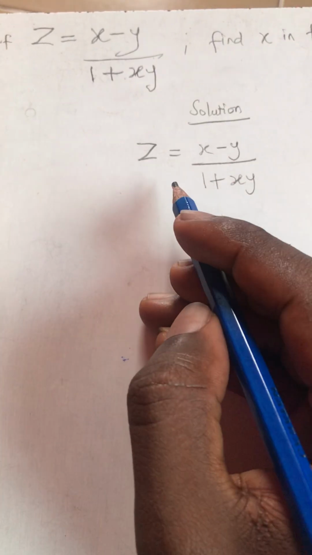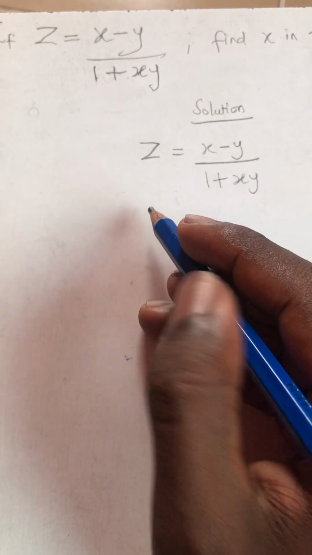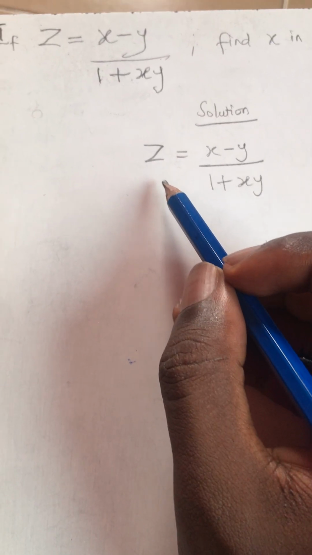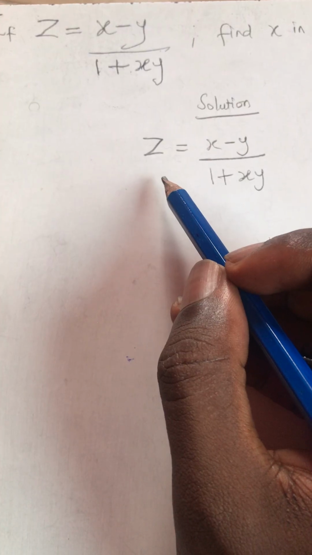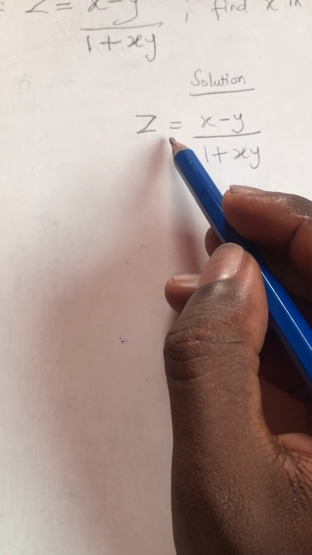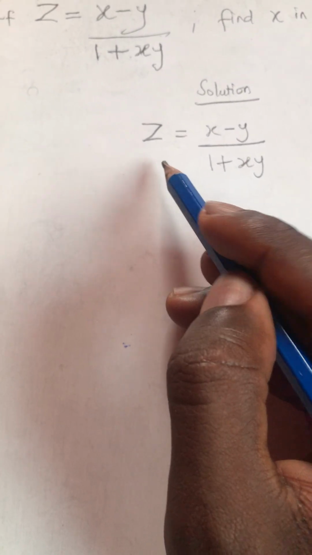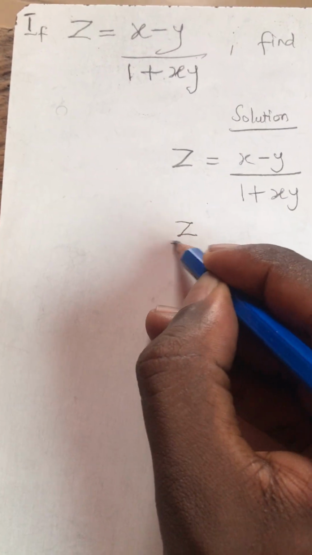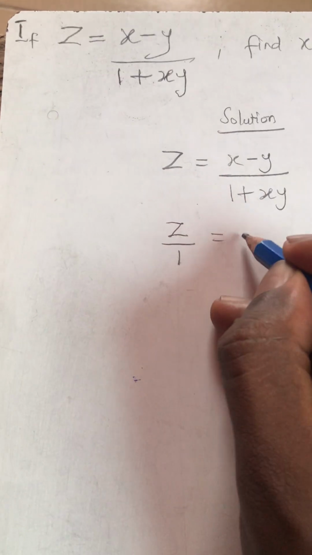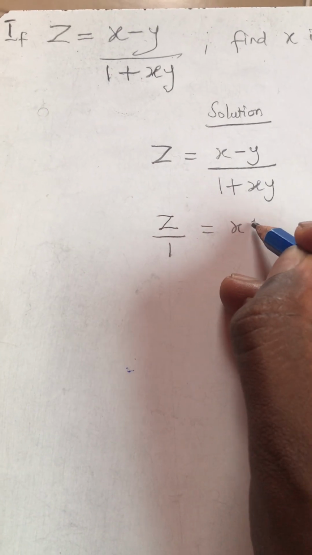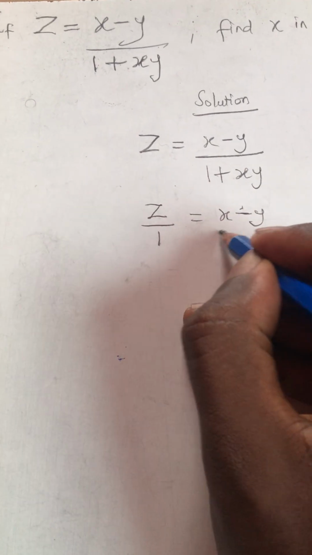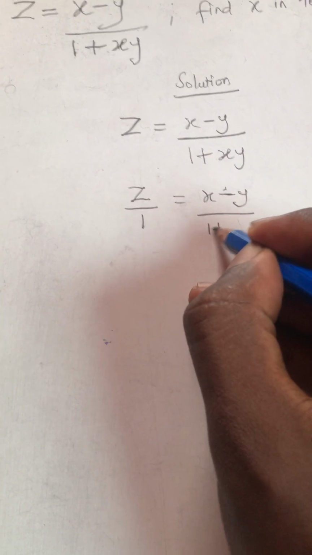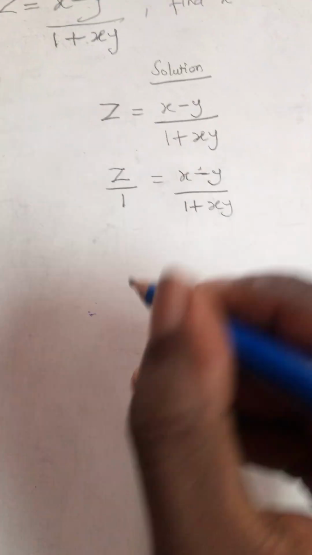When it happens like that, we will get two fractions, and when you have two fractions opposing each other and separated by an equal to sign, you cross multiply. So z over 1 equals the fraction x minus y all over 1 plus x multiplying y.